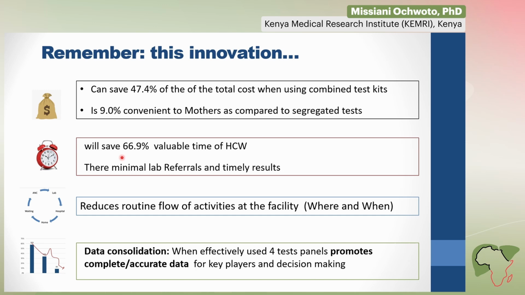That is very important. It minimizes the referral, and in routine, moving from one facility to another, it minimizes that. It concentrates it into one. And in data, the data consolidation is very important for timely decisions and accurate data for the key policymakers.